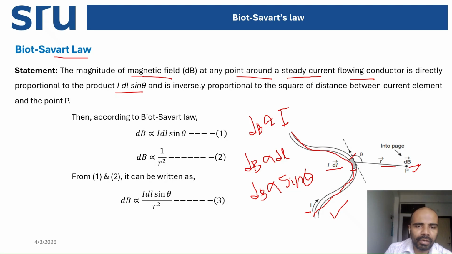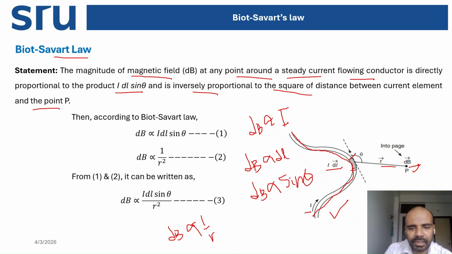The dB is also inversely proportional to the square of the distance between the current element and the point P, right? So if R is the distance between the current element I dl and the point P where we need to calculate the magnetic field, then dB is inversely proportional to the square of the distance, that is 1 by R square.